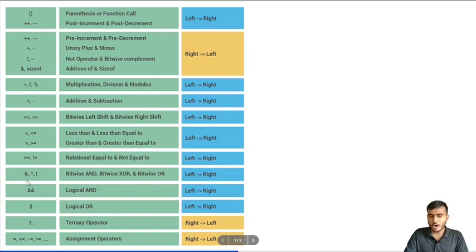Similarly, the bitwise AND operator has less precedence as compared to the greater than operator. You can see over here, greater than is two rows above bitwise AND.